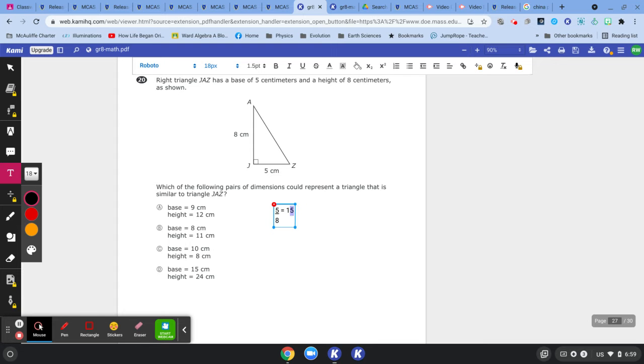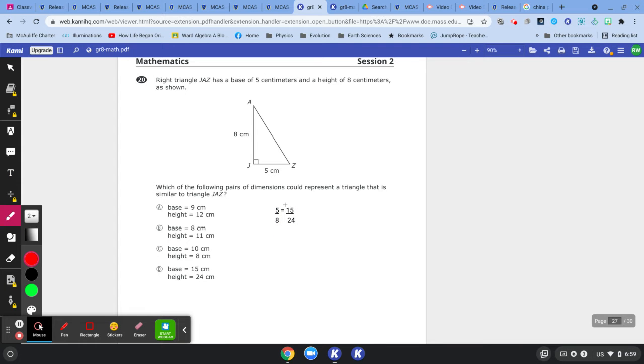So I'm going to put this in here, 15/24. We could reduce that by dividing 15 by 3 and dividing 24 by 3. Those would both end up being 5/8. The other way to test this is to find the cross products. So the product of 8 and 15 and the product of 5 and 24.